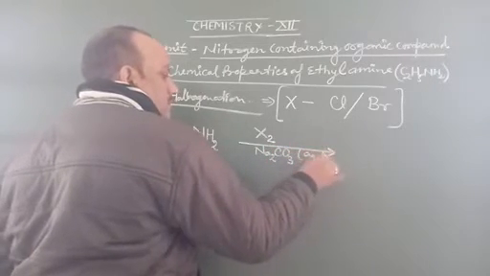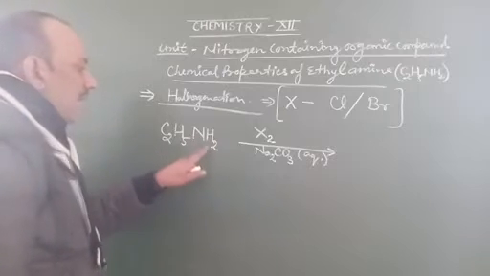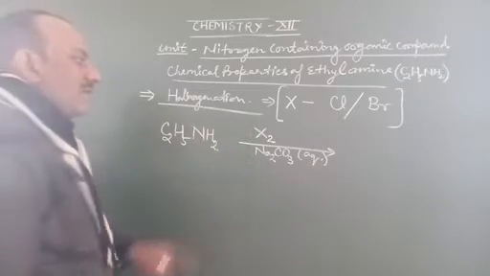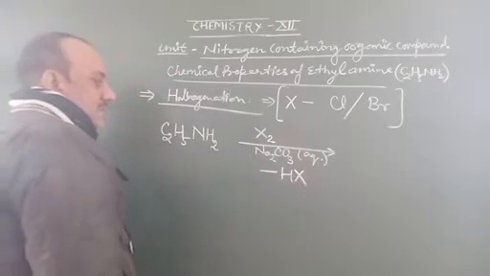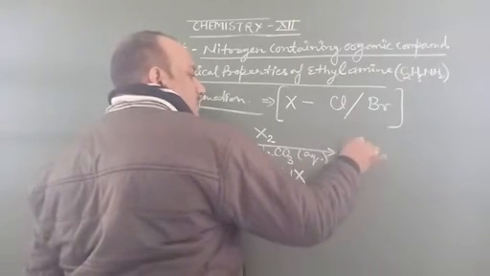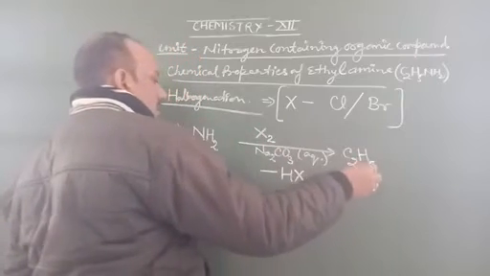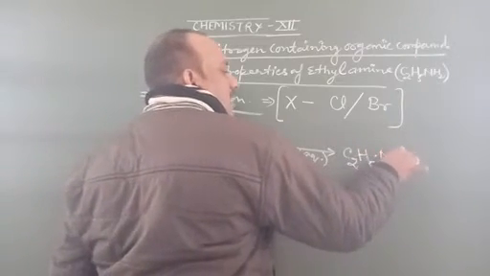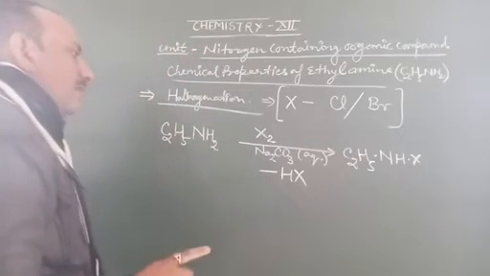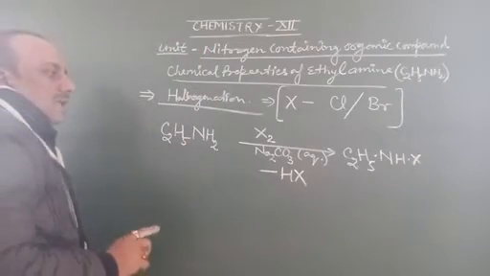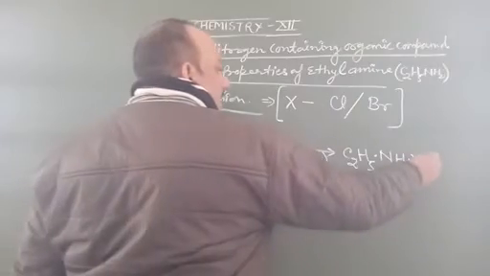Then a single hydrogen atom is subtracted with halogen to form hydrogen halide, HX, and makes C2H5NHX. It is known as N-haloethylamine.